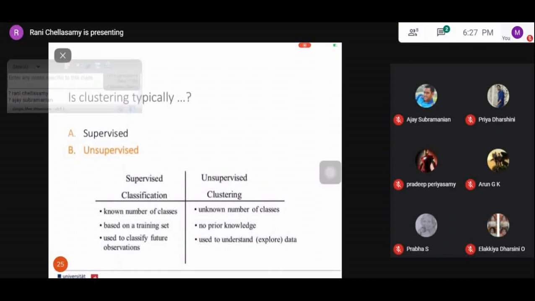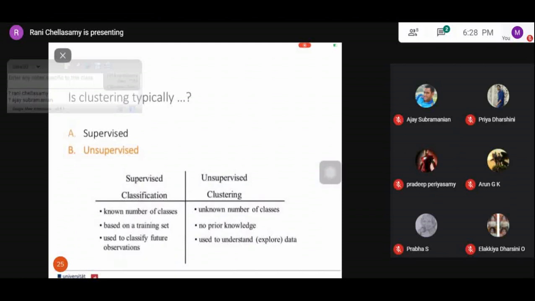But in case of clustering, there won't be any labeled classes or known number of classes. The output is not known. Classification is based on the training data set, whereas in clustering, there won't be any prior knowledge about the training data set. Classification is used to classify future observations, that is, prediction.